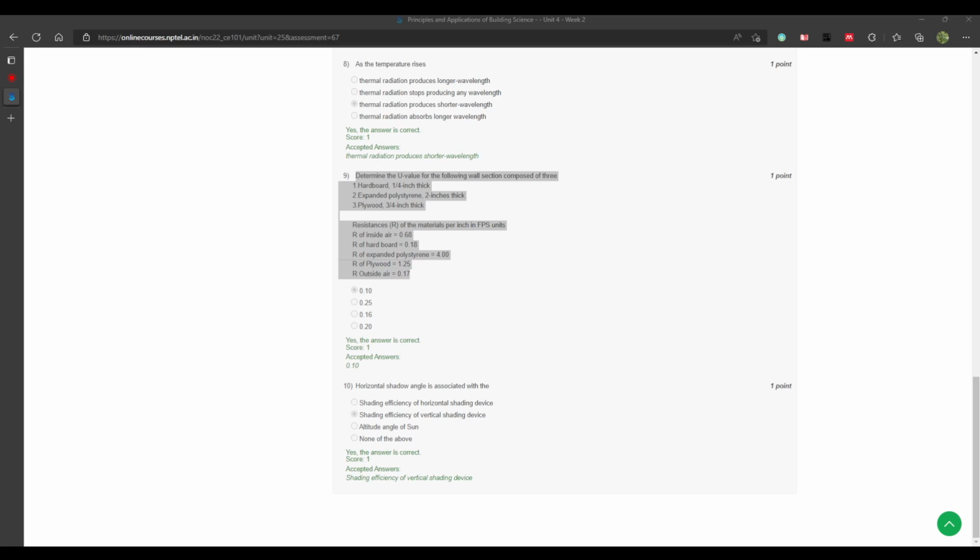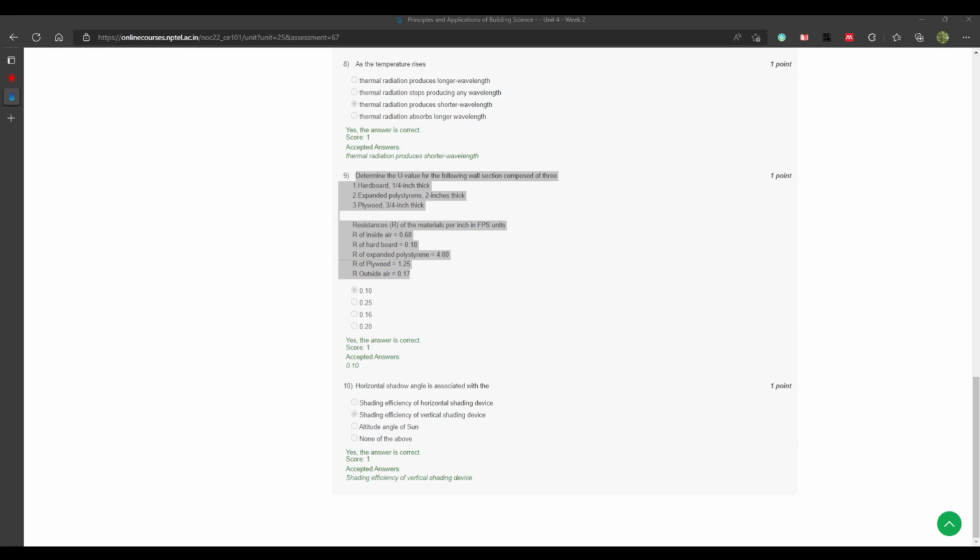Then R2 is 2-inch thick expanded polystyrene, which is 8. R3 is 1.25 into 0.75, which is 0.9375, and finally we have Ro, 0.17.